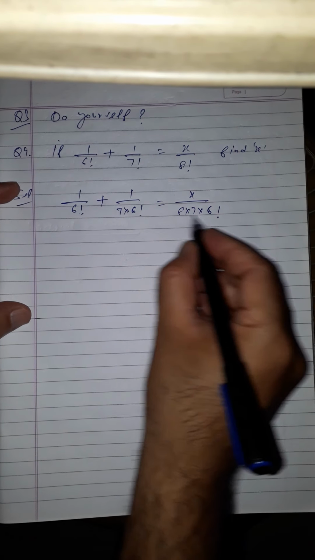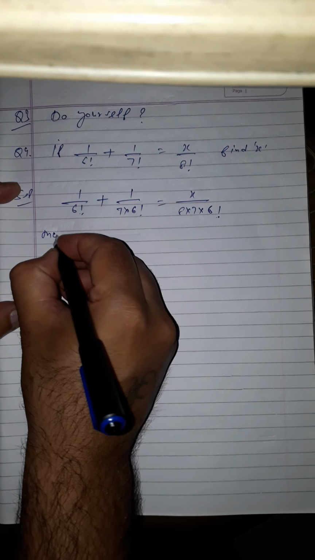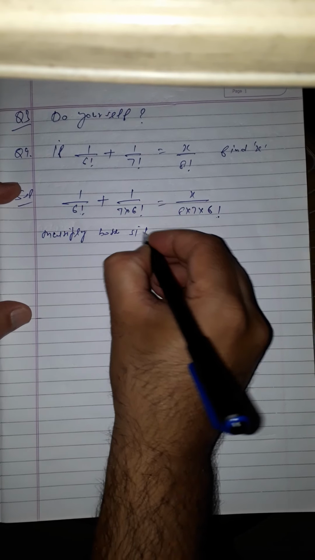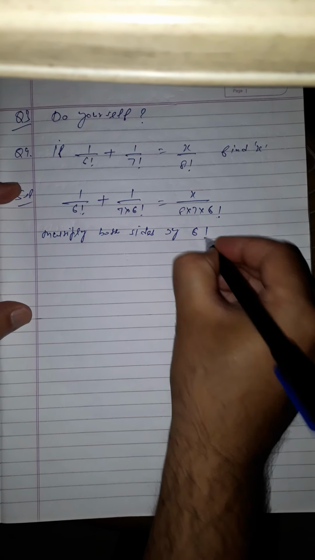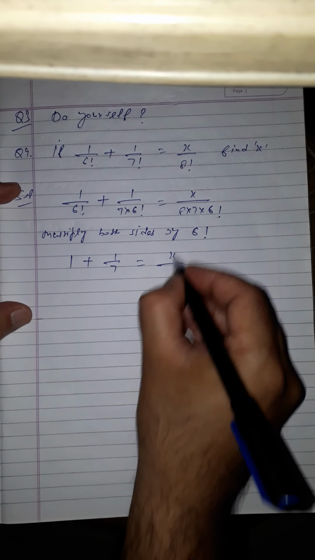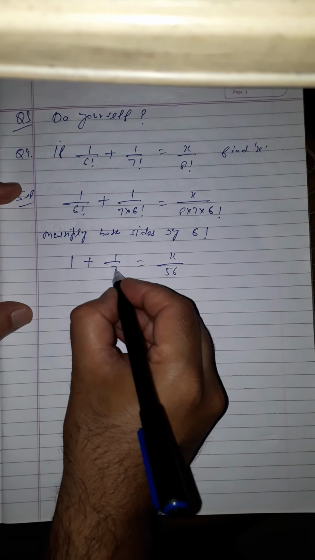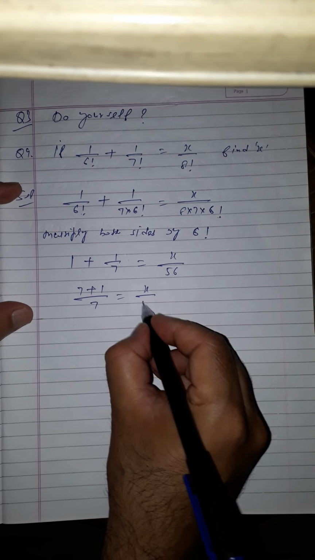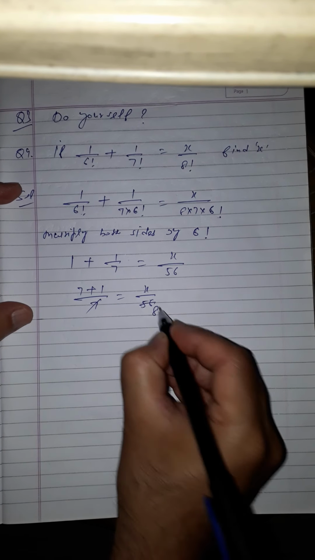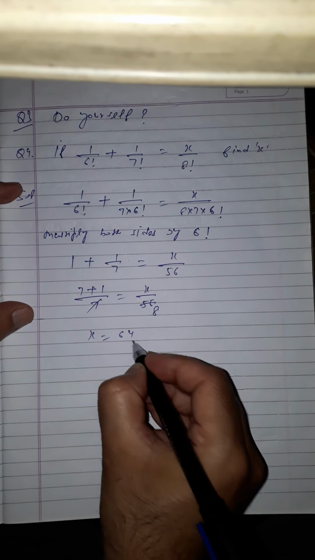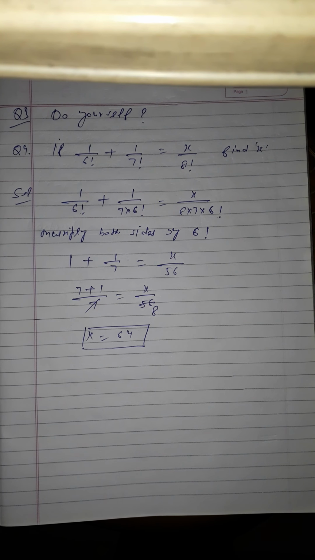Now multiply both sides by 6 factorial. So what you will get? 1 plus 1 by 7 is equal to x upon 8 into 7, that is 56. We will take its LCM. 7 plus 1 upon 7 is equal to x by 56. 7 8s are 56, and students, x will come as 8 into 8, that is equal to 64. The value of x will come as equal to 64.